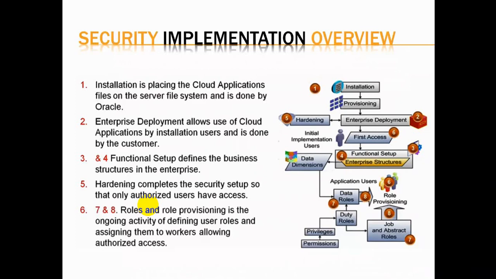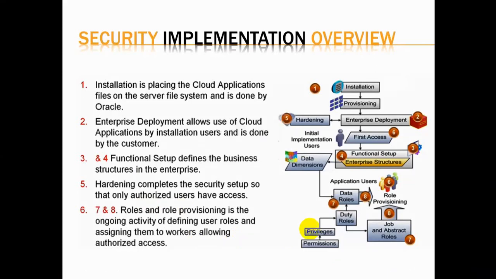If you bought a license for HR, then once your basic enterprise structures are ready, like your company structures, as I said, legal entities, business units, departments, divisions, you need to start implementing your real modules. If it is HR, then implementing payroll, implementing absence, implementing compensation. So that will follow, right?